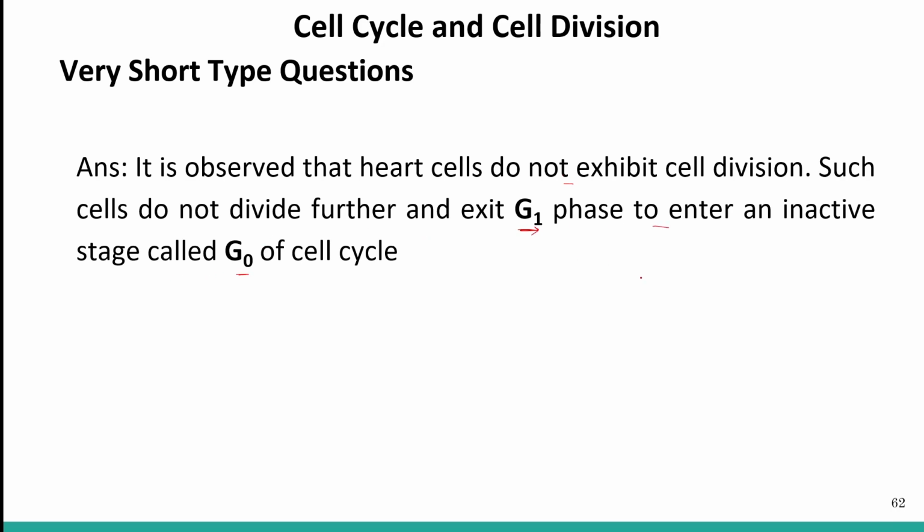as the G0 phase. Again, let's talk about the interphase. Here is the G1 phase. Cells such as heart cells exit the G1 phase and enter the G0 phase, which is the inactive phase.